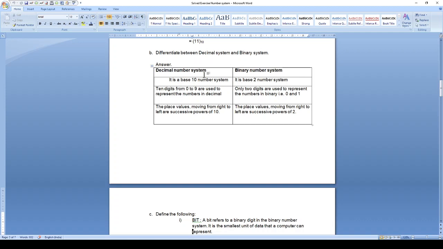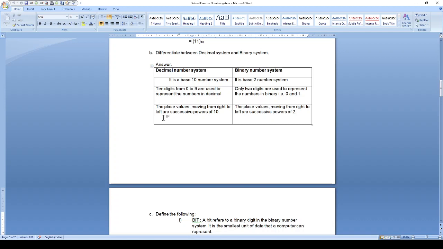Under decimal number system, 10 digits from 0 to 9 are used to represent the numbers. In binary number system, only 2 digits are used to represent the numbers, that is 0 and 1.